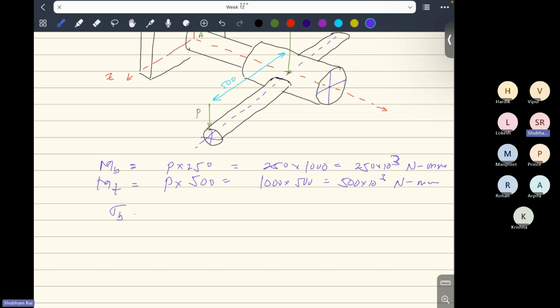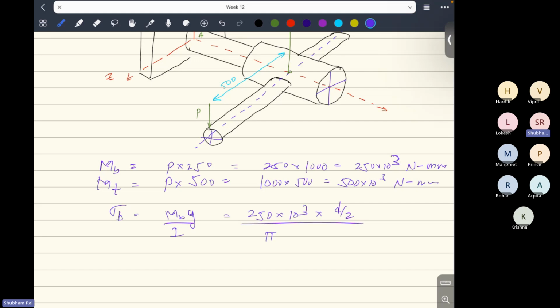So the bending stress due to this bending moment is M into y by I. So 250 into 10 power 3 is the bending moment, and y will be d by 2, because that is the radius you have to take for maximum normal stress.